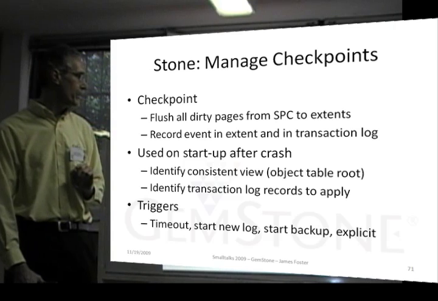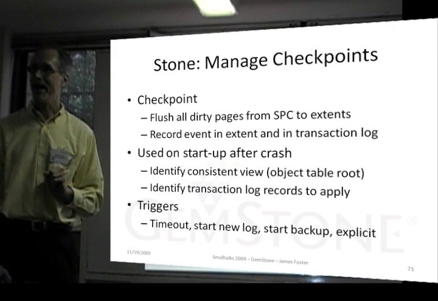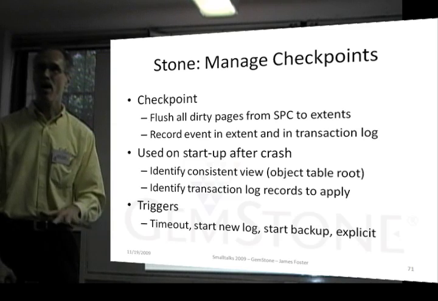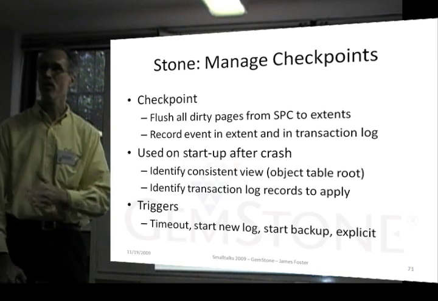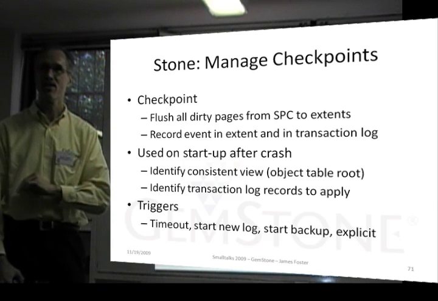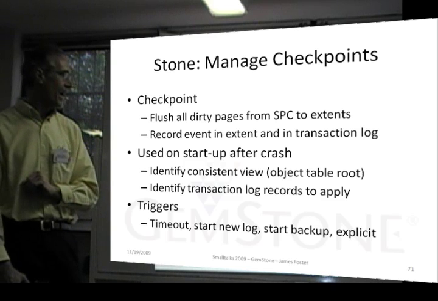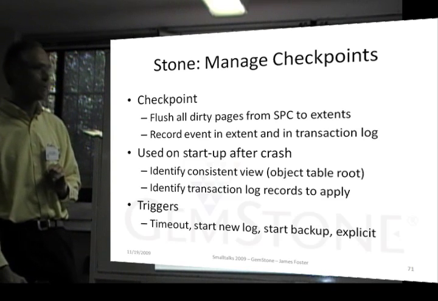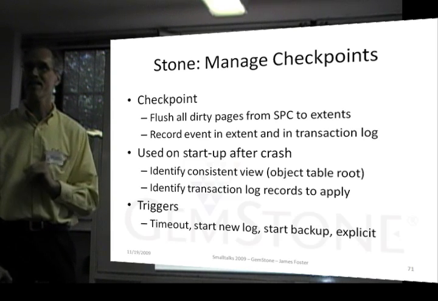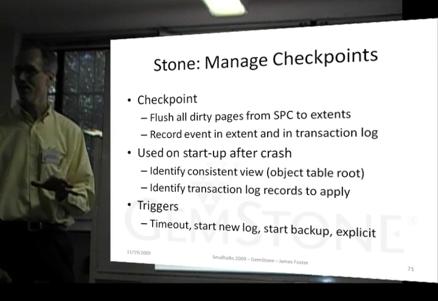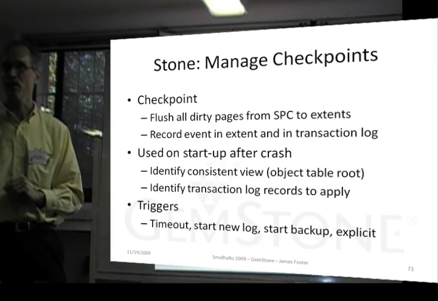We do a checkpoint when we start a backup, because again, we want to have a consistent view for the backup, and then we'll use that checkpoint as the consistent view. And then we can explicitly request a checkpoint. So there's a message that you can send to the system that just says, do a checkpoint.